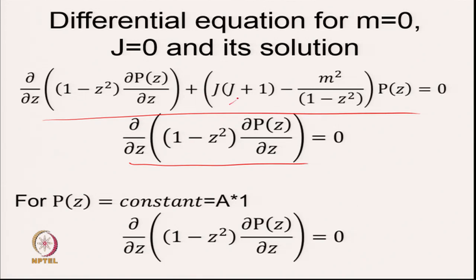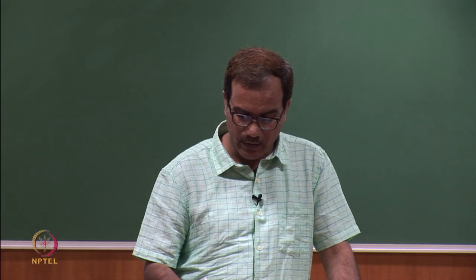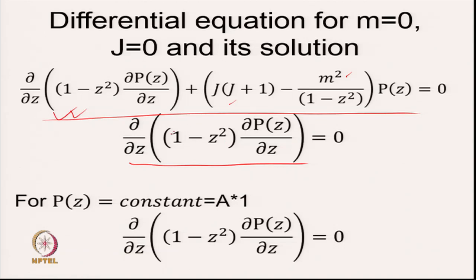This part is 0, this part is 0, and so you are left with just the first part, del by del z of 1 minus z square del p z by del z is equal to 0. Now, the solution of this differential equation must be a constant, because if you take a constant, then this will be 0 and the whole thing becomes 0.